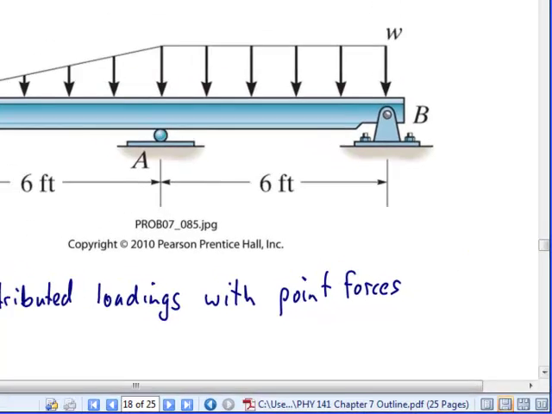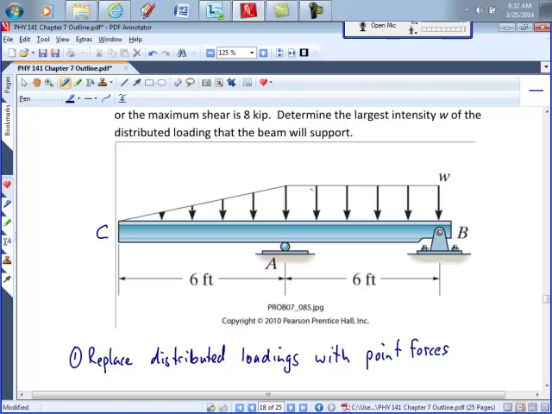Okay, so let's start with the one between A and B because I think it's going to be easier. What's the magnitude of the single point force? It's going to be the area of this graph, which is going to be 6W. So it's going to be 6W down.